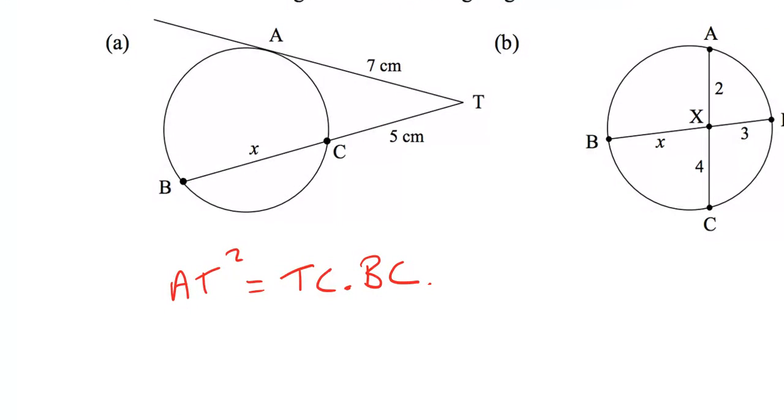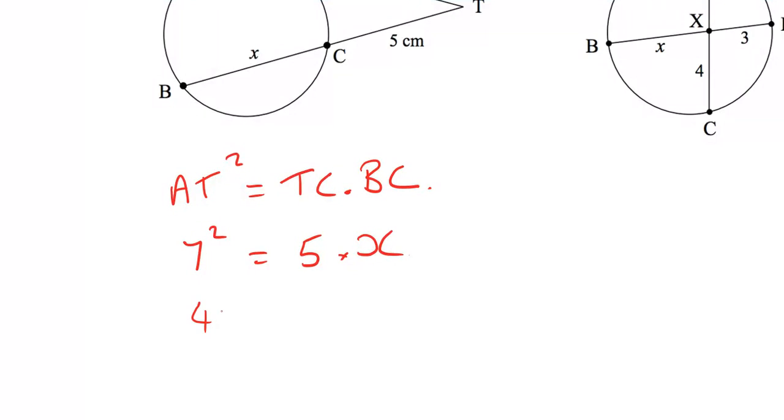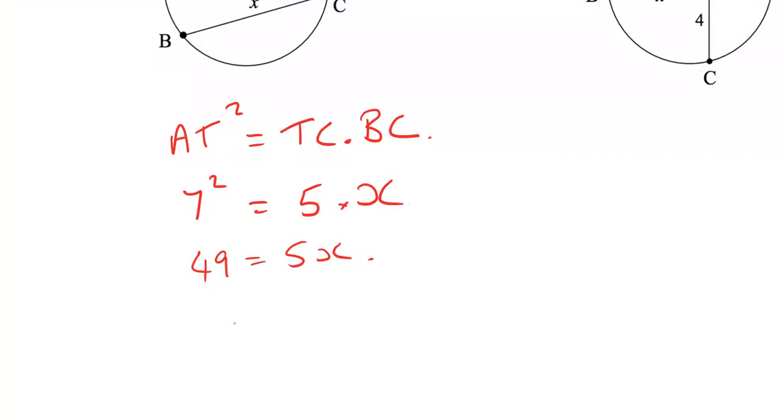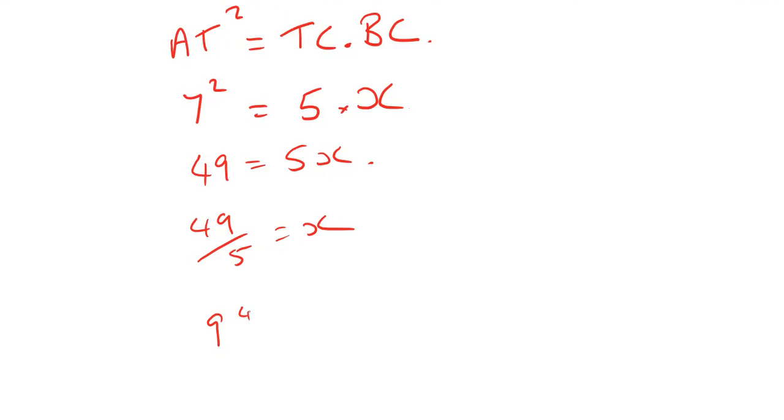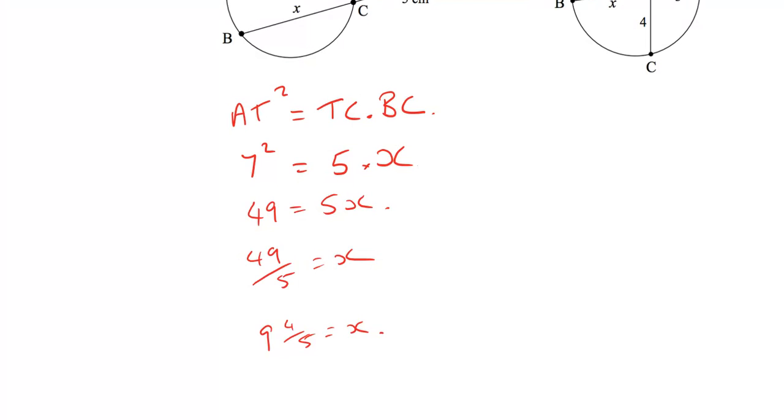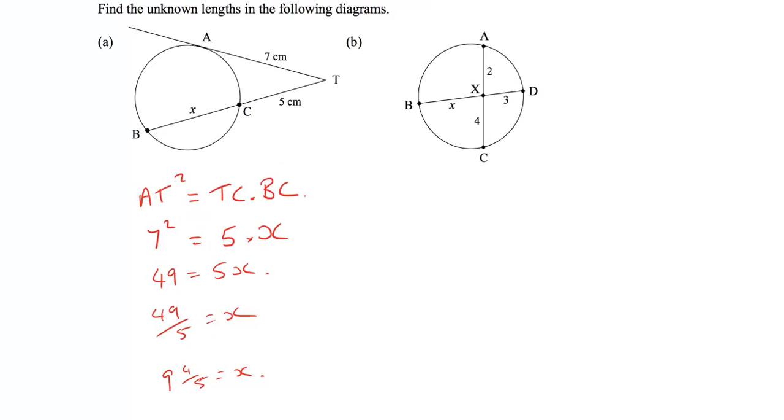We've got A to T, that's going to be 7, so 7 squared is equal to 5 multiplied by X. So what we have here is 49 equals 5X. So X is going to be 49 divided by 5. Well, that is going to be 9 4/5. So that's the application of the rule there.